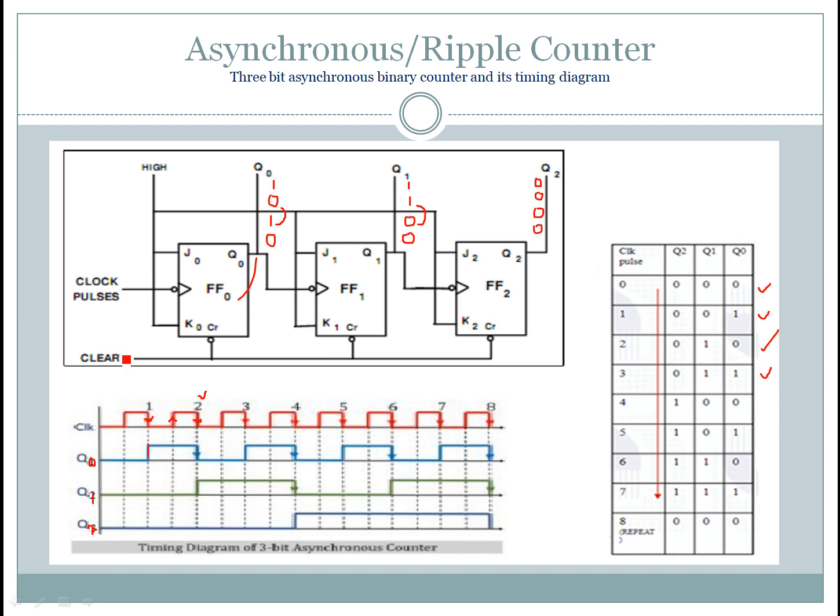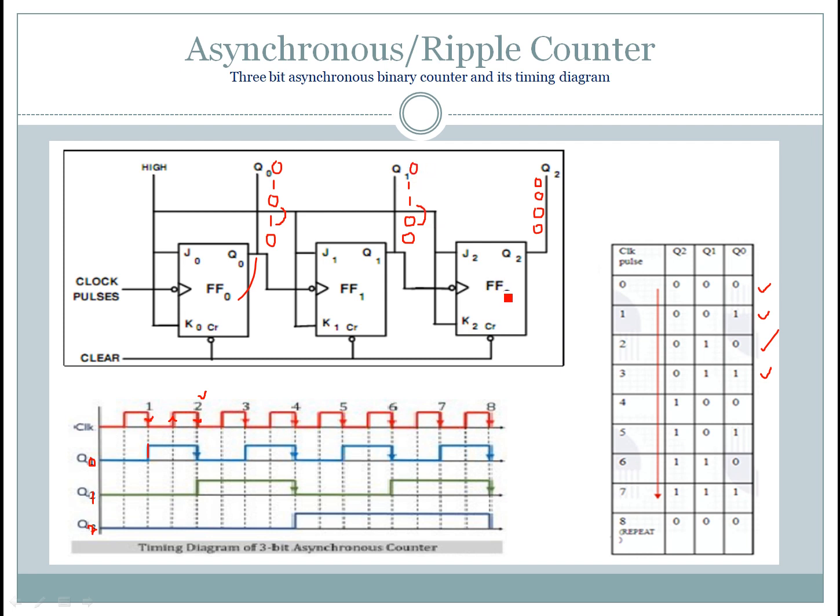So for again next negative edge of the clock, FF0 changes its state from 1 to 0. So 1 to 0 means FF1 also changes its state because now it's a negative edge, so it changes its state from 1 to 0.